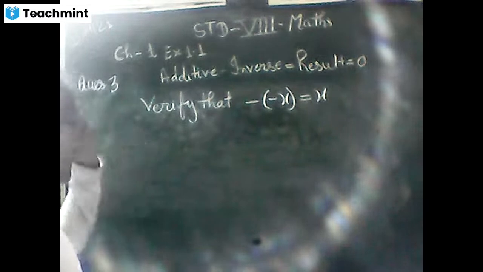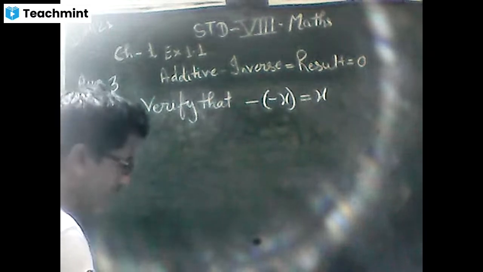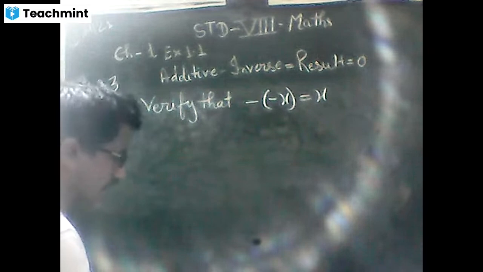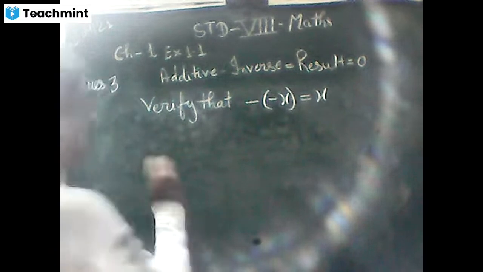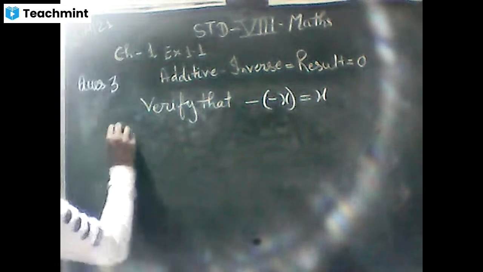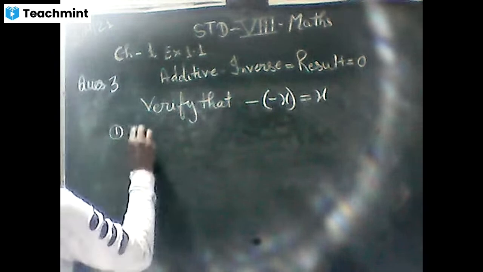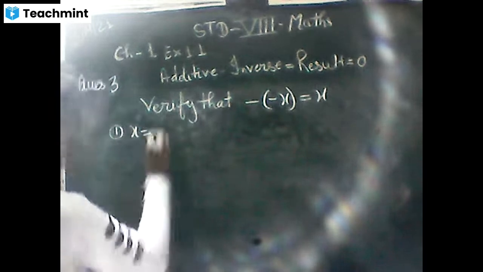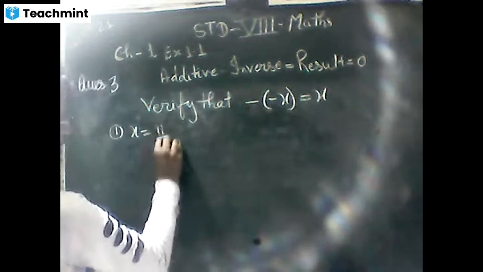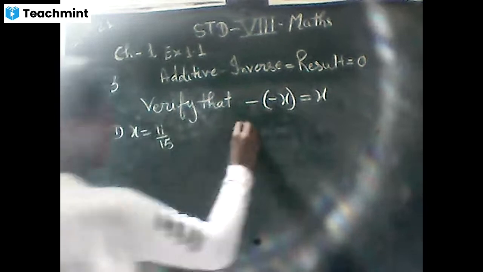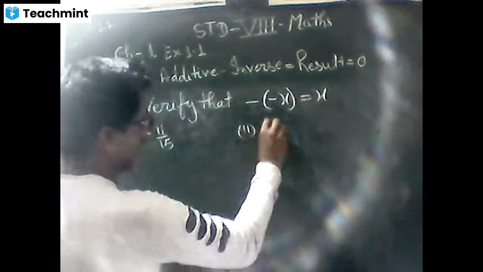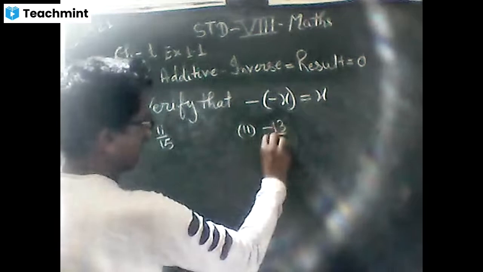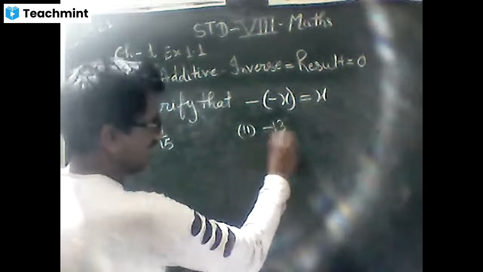And how can we verify? There are two given numbers. One is x equal to 11 by 15, and our second is minus 13 by 17.